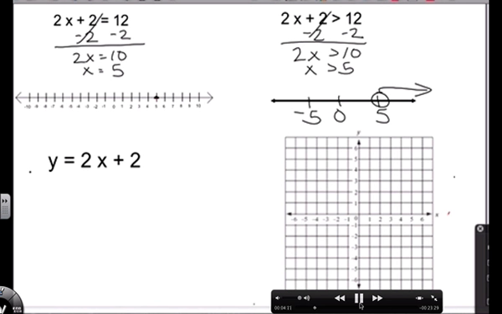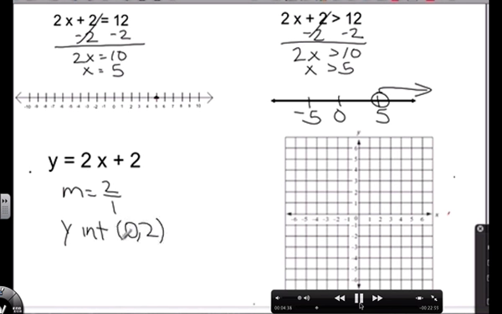We did that 5 times until we had 5 ordered pairs, and we made the line. Then we used intercepts. And then finally, we used the slope and intercept when it's in this form. So in this linear equation, what's my slope? 2 over 1. What's my y-intercept? 0, 2.